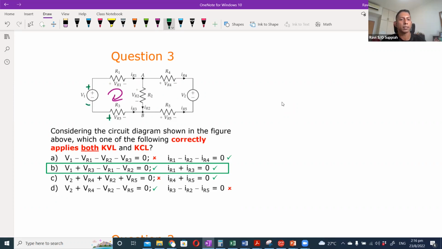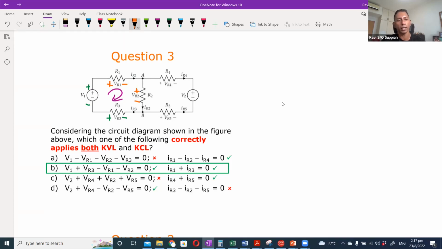When I do a clockwise loop, V1 and the voltage across R3, VR3, are both in the same direction. Whereas the voltage drops across VR1 and VR2 are in the opposite direction of the loop that I've drawn.